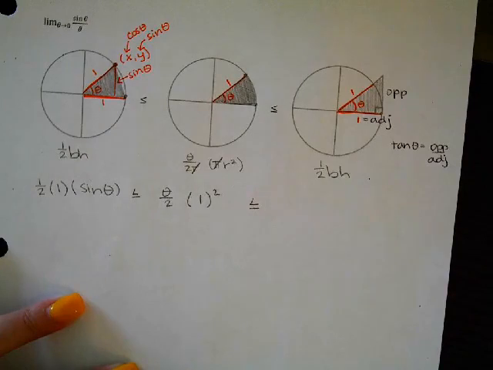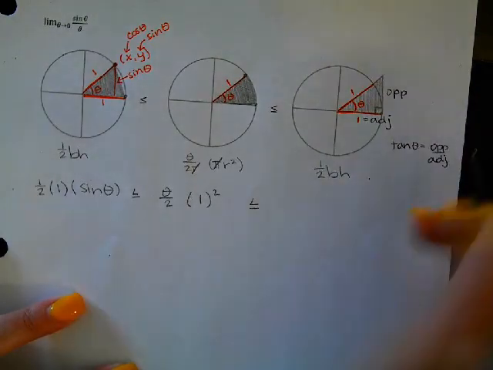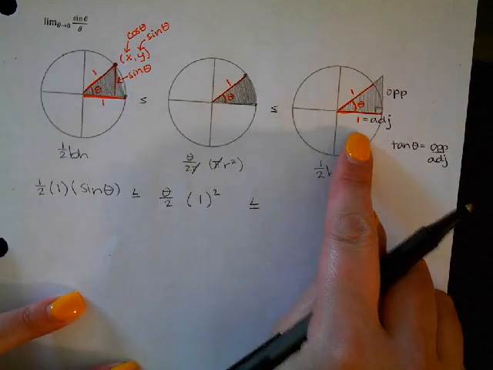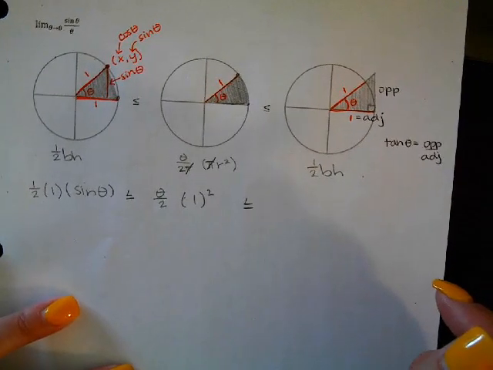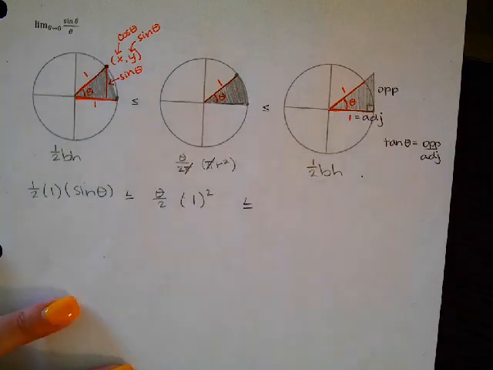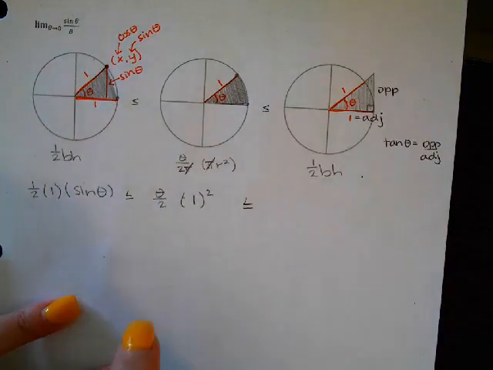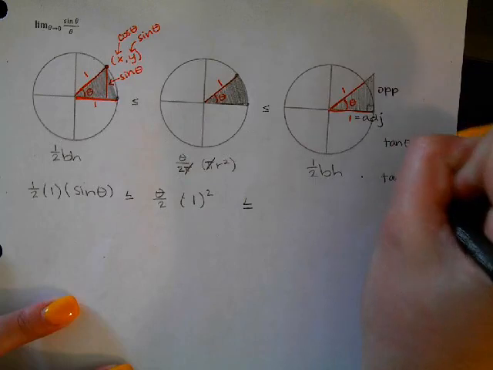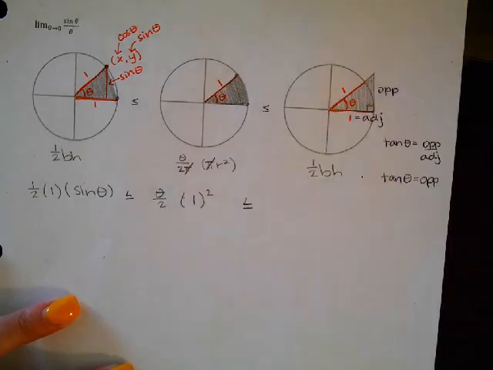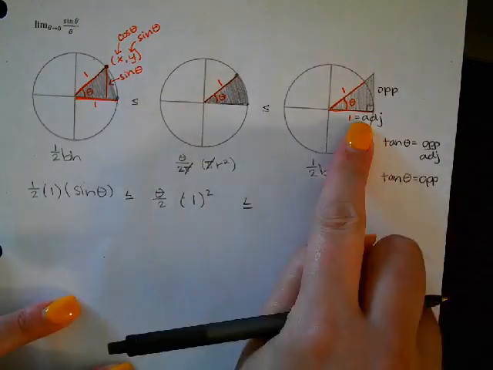Okay. Now since the adjacent side has a length of 1, for this drawing only, not in general, just for this drawing, we're going to say that tan theta equals opposite, because adjacent equals 1. Because we have opposite over 1.